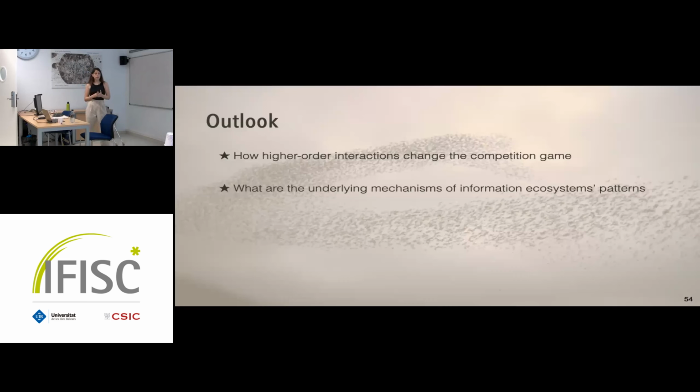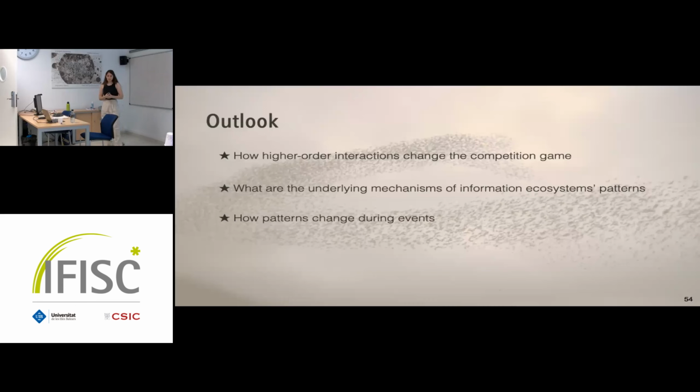And then regarding these patterns that we have found, now that we have the patterns, the next step is to look for the underlying mechanisms that generate these patterns, that chances are that they are going to be the same or very similar to the ones that generate the ecological patterns.